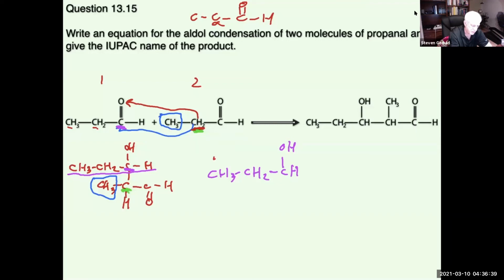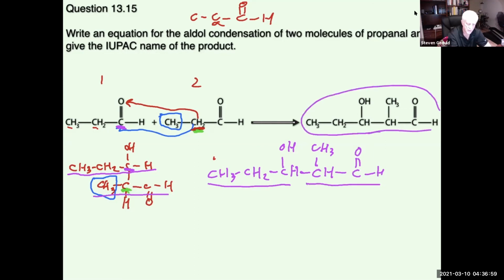Then this carbon here is attached to another carbon, which has a CH3 group attached to it, which has a hydrogen and has a carbon double bonded to O, bonded to H. And that's the second line right here. So here's your first line, here's your second line. And that's the same right there. So once I straighten it out, it's the exact same thing that they came up with. So this is just straightening out on one line what we've done.